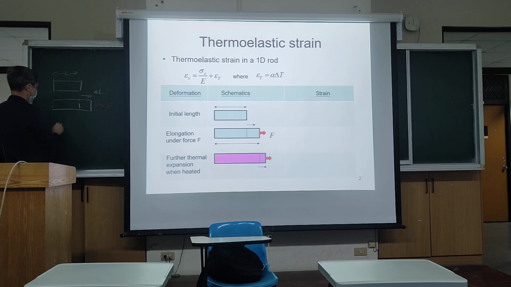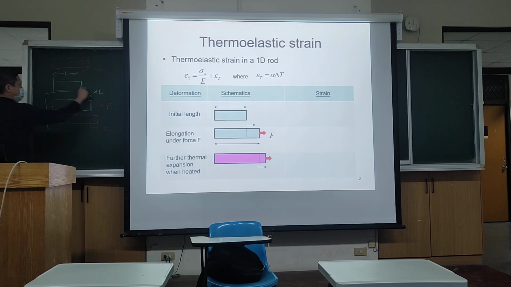And if I do the heating, even without a pulling force, this will give me thermal induced elongation. If now I'm heating up the one which was being pulled, okay, then you have an extra elongation.